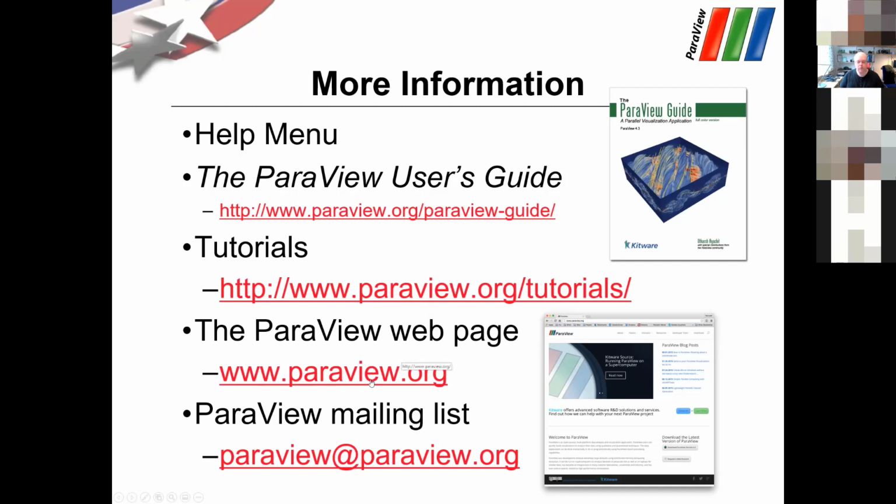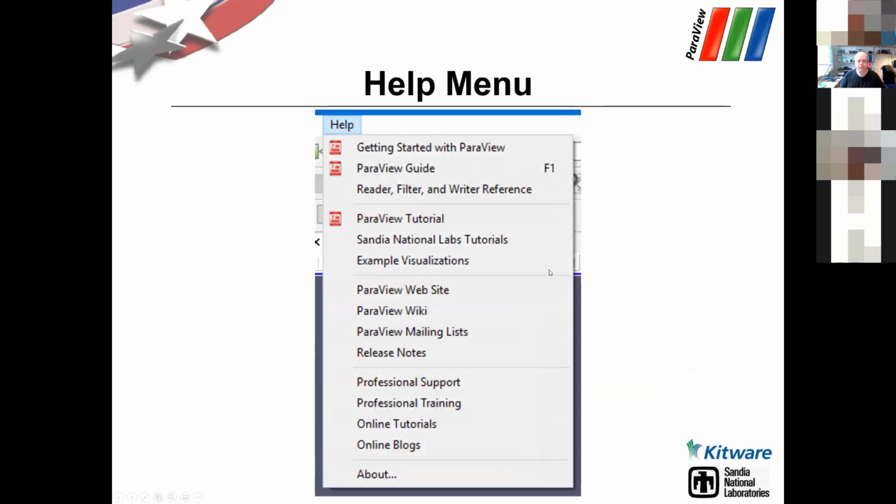The webpage is paraview.org. There you can also download the application for free. And also there is a lot of help available in the program directly. All this material is provided when you install the program as well.